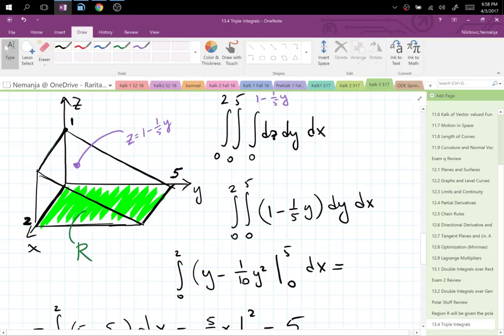It's symmetric if you cut it this way, right? But if you cut it this way, there's much less volume here than on this side. So you don't get to exploit symmetry easily in these shapes.